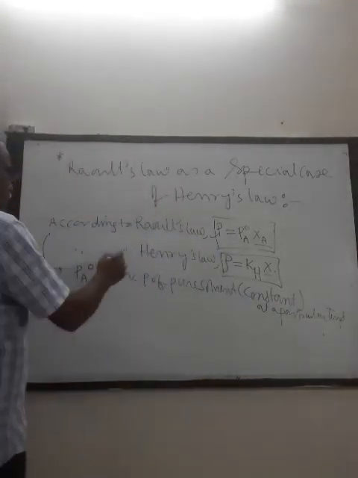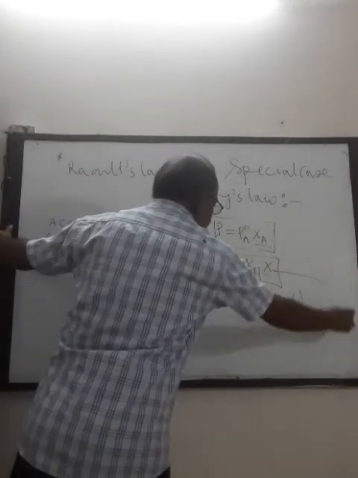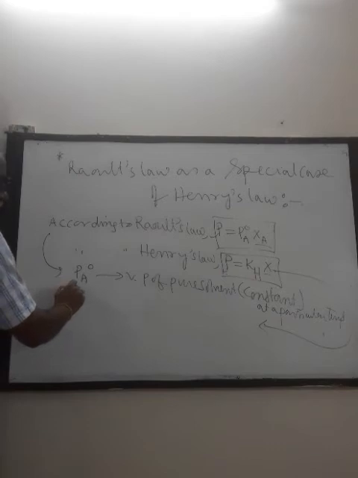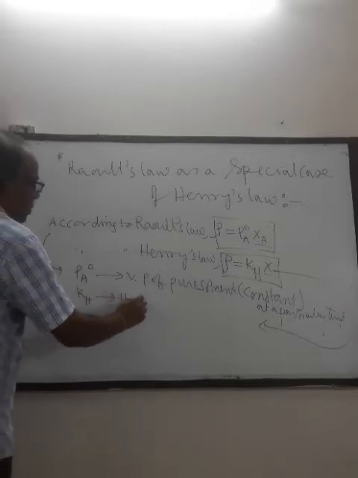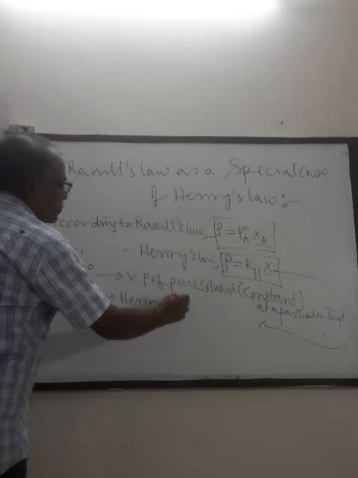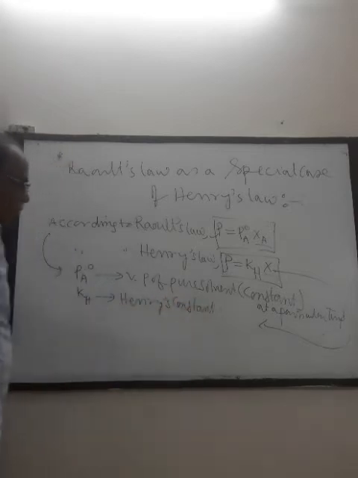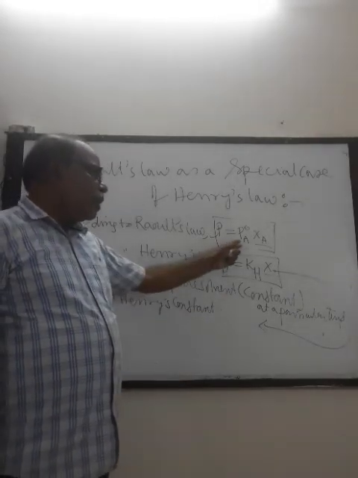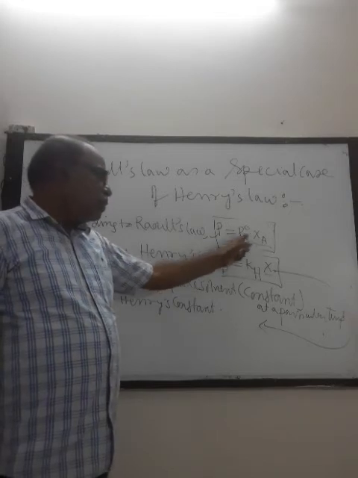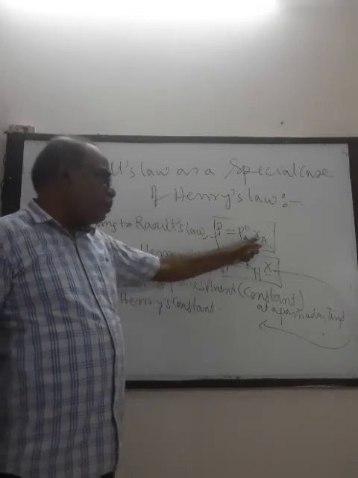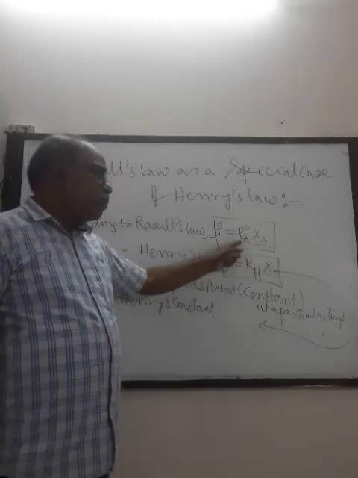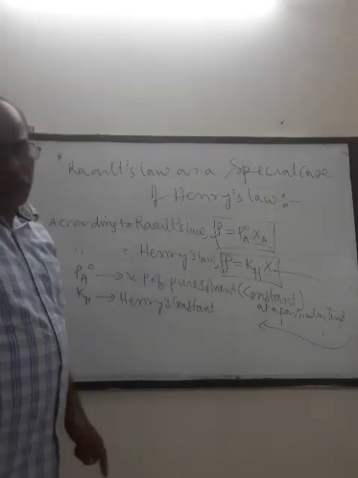And from Henry's law, KH is called Henry's constant. So the only difference is that one contains the partial pressure, mole fraction, Henry's constant and the other the vapor pressure of the pure solvent, and both are constants.